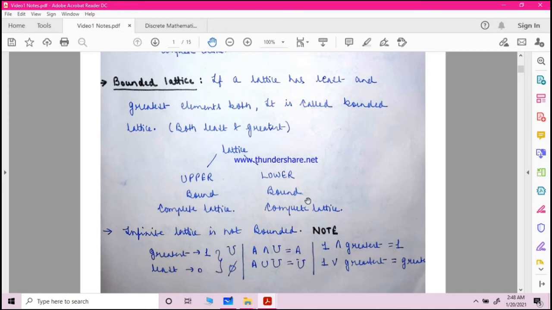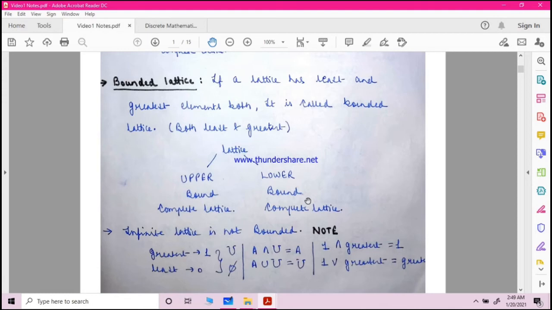So in this case, the greatest is 1, or it is represented as the universal set. The least element is 0, which is represented as the empty set. So certain conditions that are true here: whenever you meet any element with the universal set, it will give you that set only.